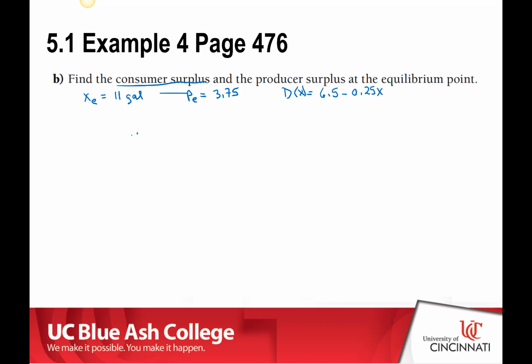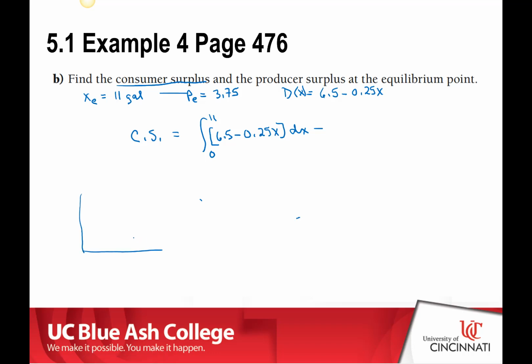To compute the consumer surplus, what we want to do is the integral from 0 to 11 of the demand function, 6.5 minus 0.25x dx. From that, we're going to subtract off the rectangle at the bottom.